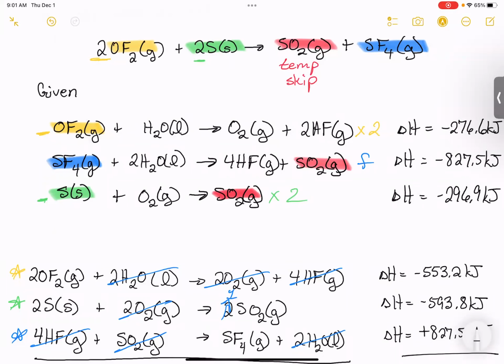So basically, by taking care of the OF2, the sulfur, and SF4, this SO2 took care of itself because there was one that canceled out one of these. So you temporarily skip it because it's in multiple equations, but normally it will go ahead and cancel out to the correct information once you're done.